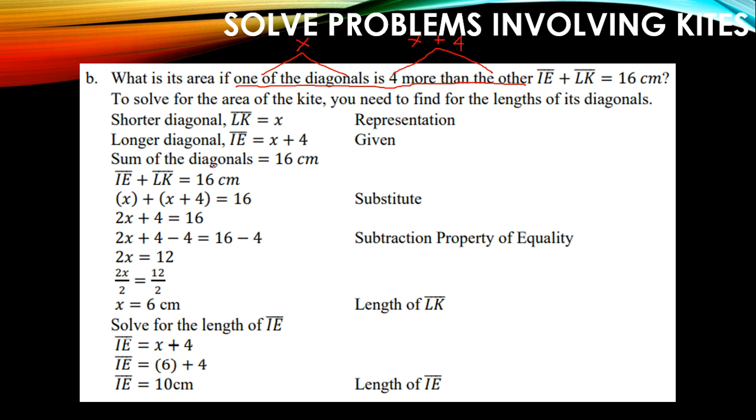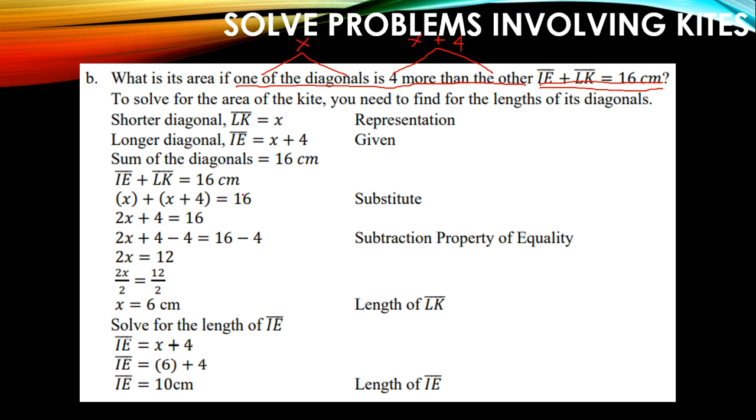Then, the given one, which is IE plus LK, equals 16 centimeters. So, if you're going to add the two diagonals, that is equals 16 centimeters. Okay? So, let's substitute the values of IE and LK. So, ang IE, that is X, plus LK, which is X plus 4, that's equals 16.